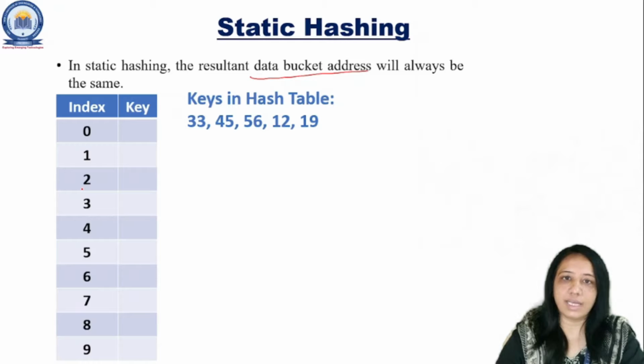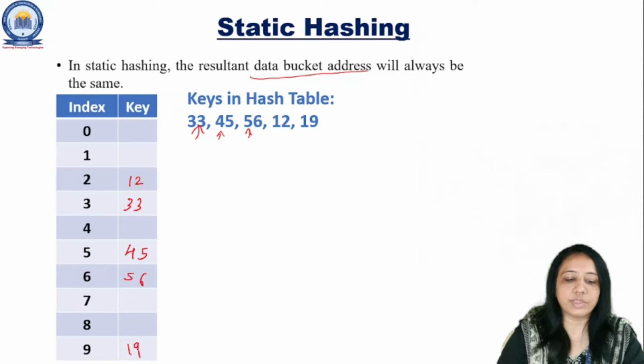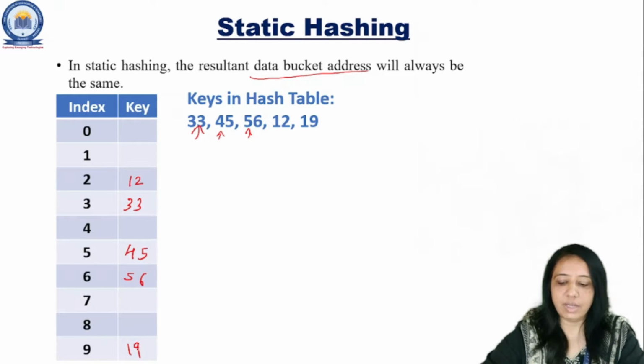In all the examples I'll use modulo 10 for simplicity. So, 33 modulo 10 is stored here, 45 is stored at this location, 56 at location 6, 12 here, and 19 here, as we have seen previously.